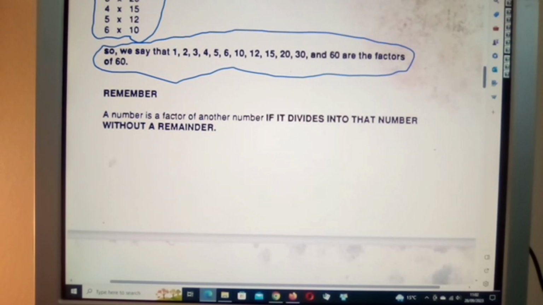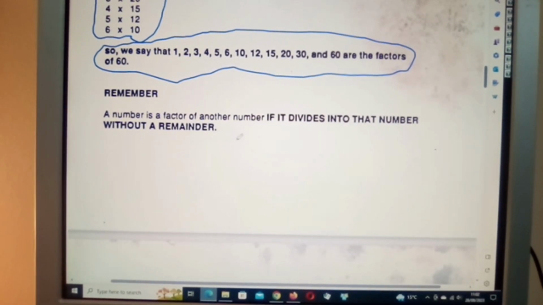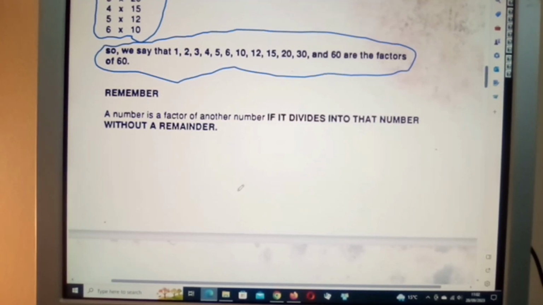Anyway, remember, a number is a factor of another number if it divides into that number without a remainder. It has to divide equally.